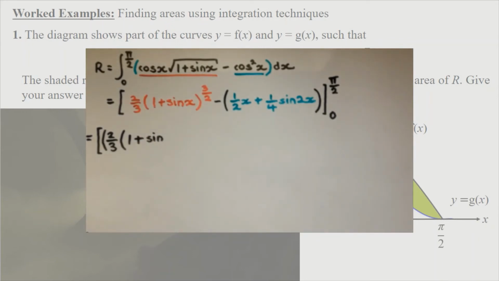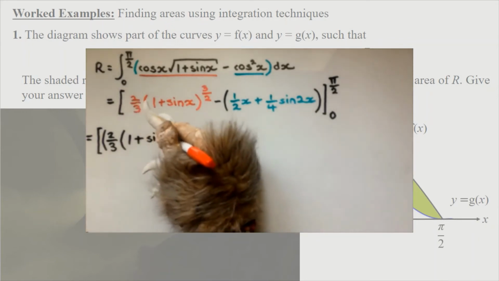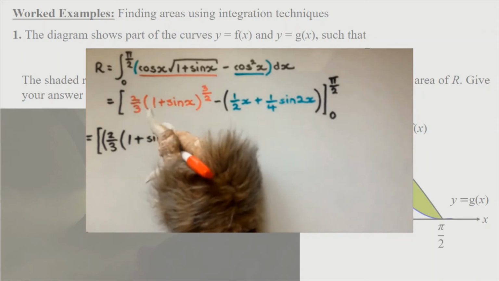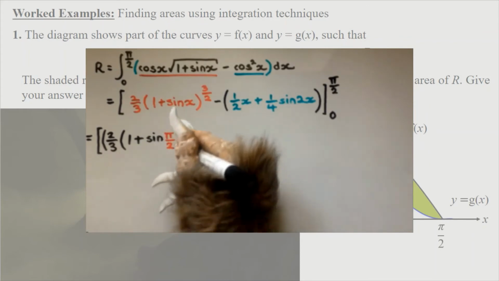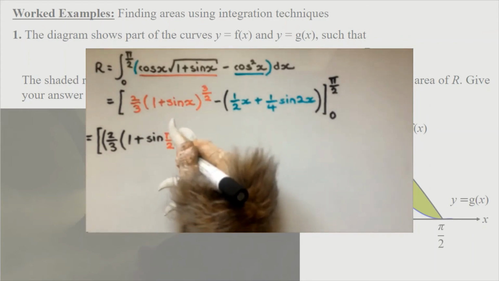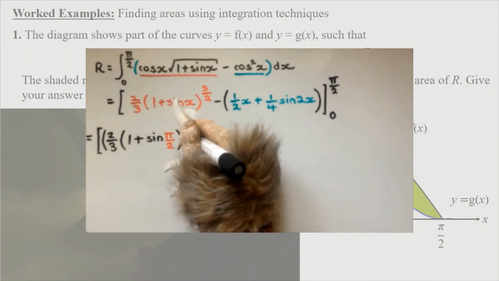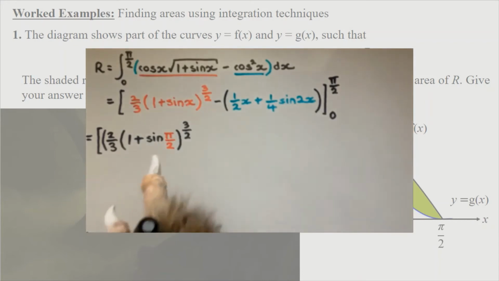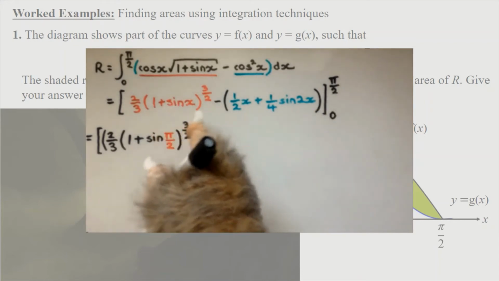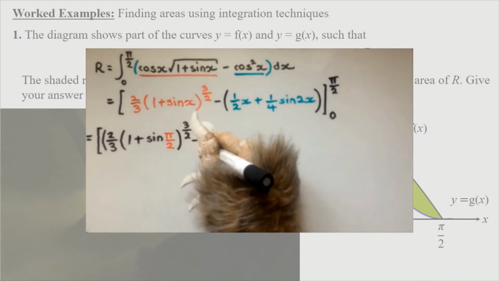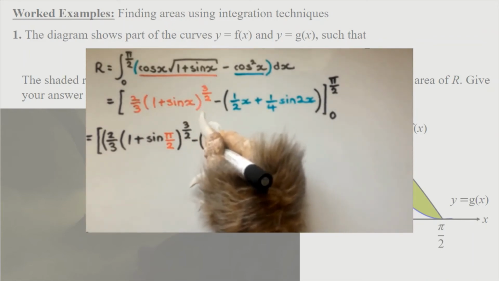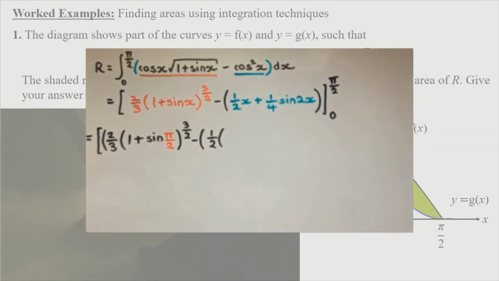So that's pi over 2, like so. Close the small bracket there, to the power 3 over 2. So I've substituted pi over 2 into this expression here. Remember, of course, I'm subtracting 1/2 multiplied by pi over 2.